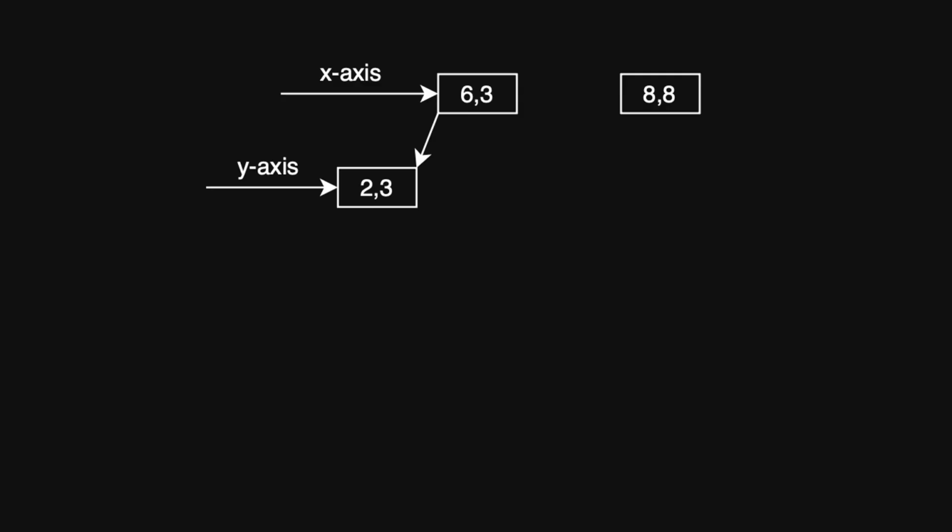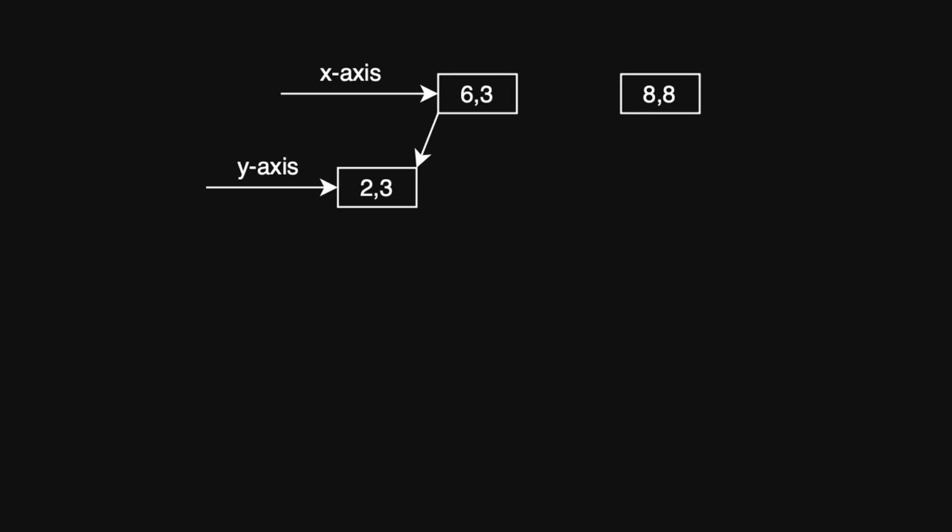And here's a property of a KD tree: the splitting dimension rotates. For example, we have the root node at (6, 3). We split along the x-axis. Then the next level is the y-axis, and then we come back to the x-axis, and then the y-axis.